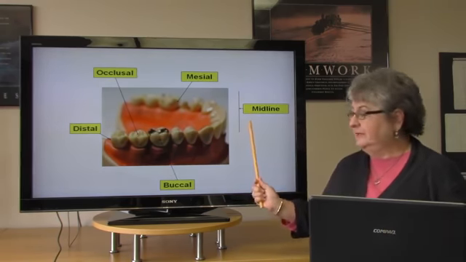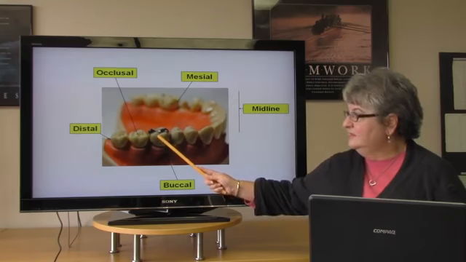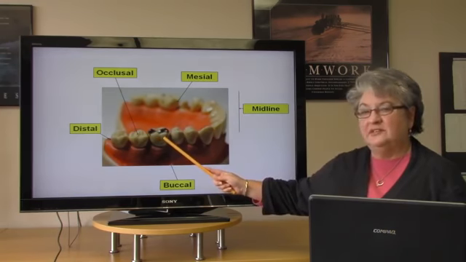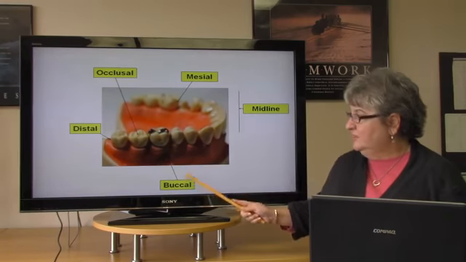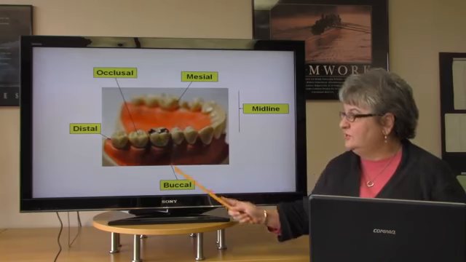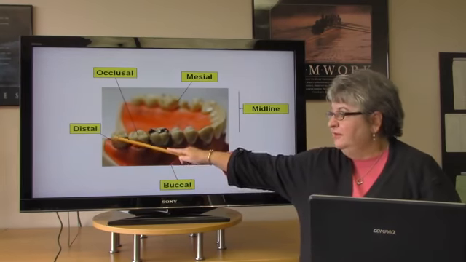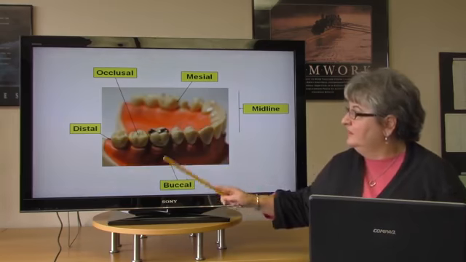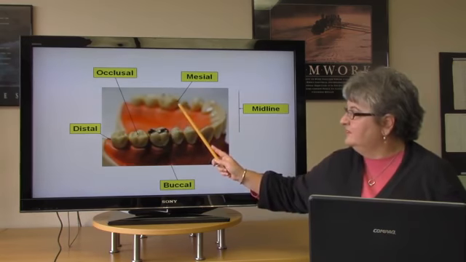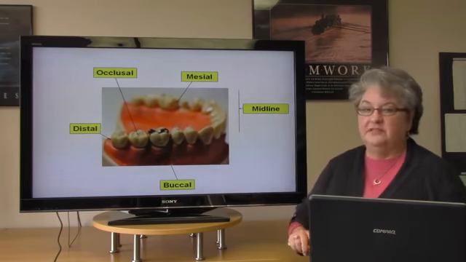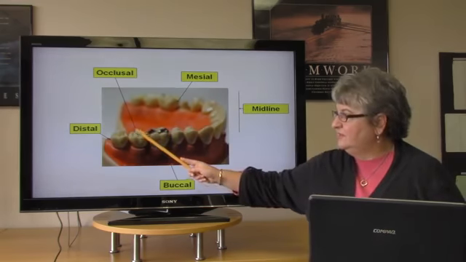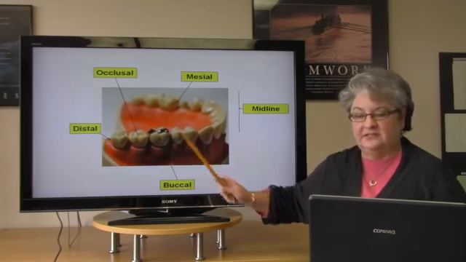Here is the midline, and this whole section right here is the buccal, which is nearest the cheek on the posterior teeth. The distal is the back wall of the tooth. The mesial is the front wall of the tooth, and the occlusal is the biting surface of the tooth.